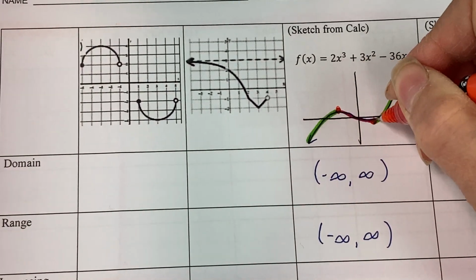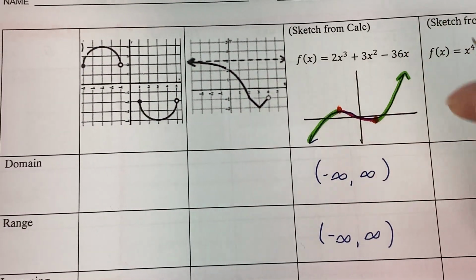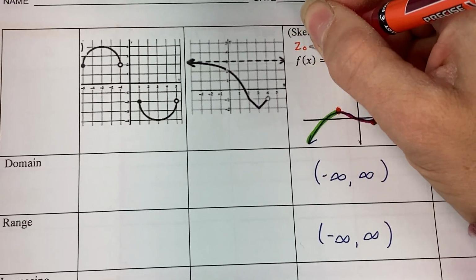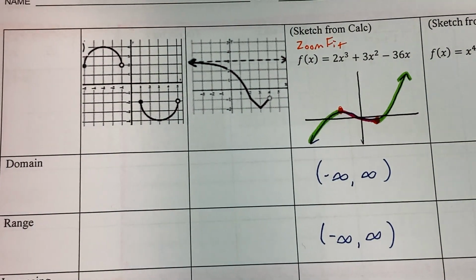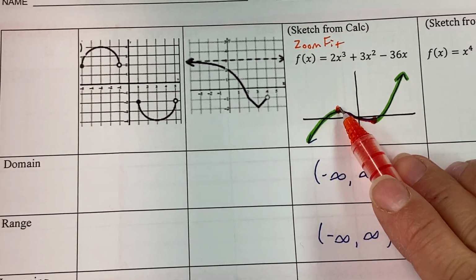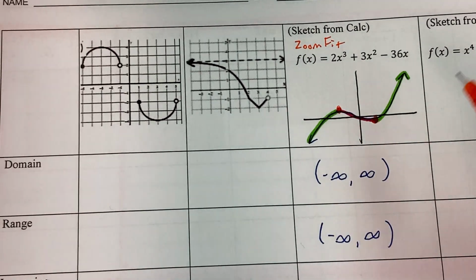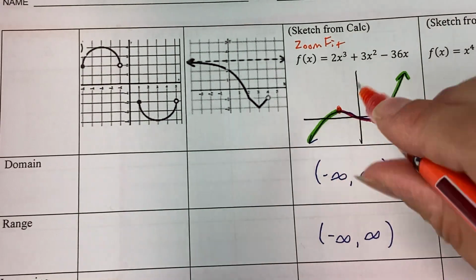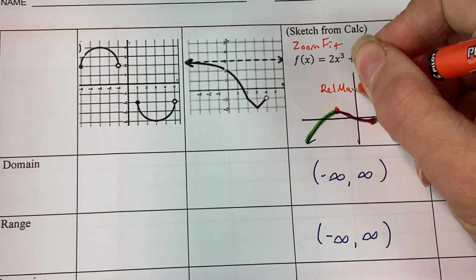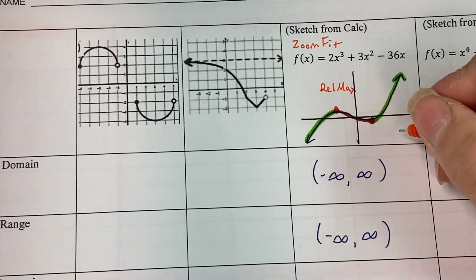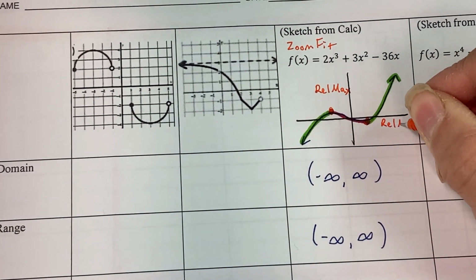What we need to find are these turning points first, and luckily for us, I'm gonna go ahead and just write zoom fit. That's what we use to get a look at that graph. What we can do is use our calculator to figure out these 2 points, because this is going to be a relative max, and this one will be a relative min.